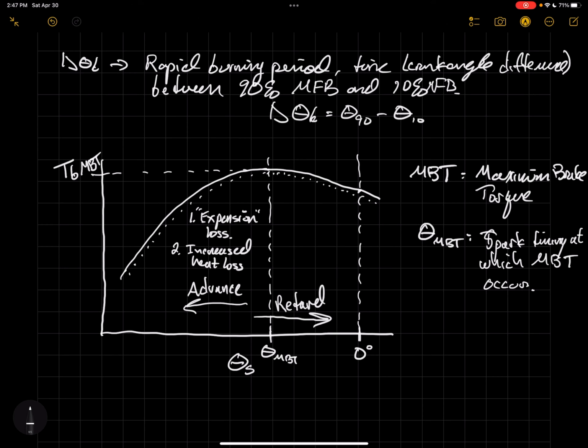But you can already think that if your spark timing is very advanced of MBT, say your spark timing is 60 degrees before top dead center, but your spark timing for maximum brake torque is maybe 30 degrees before top dead center, what happens is you give that combustion process more time to initiate, ignite, and begin, and you start burning more of your fuel-air mixture all the while the piston is still moving up toward compression, right?